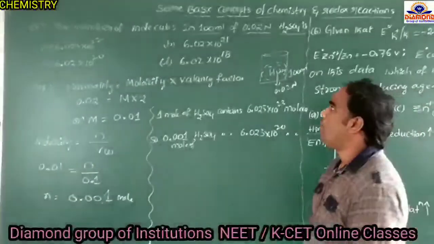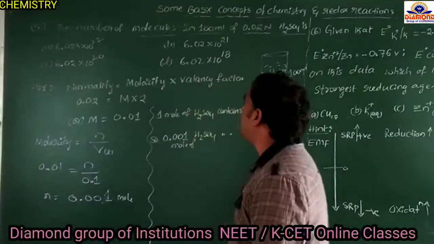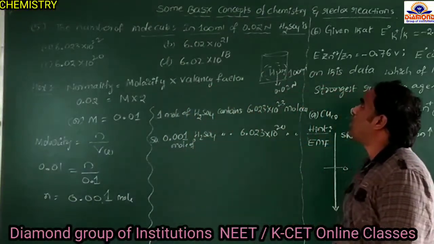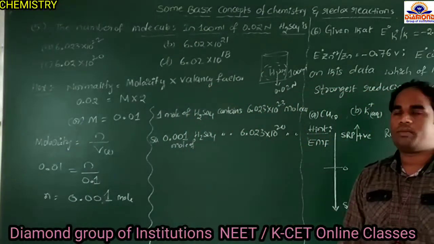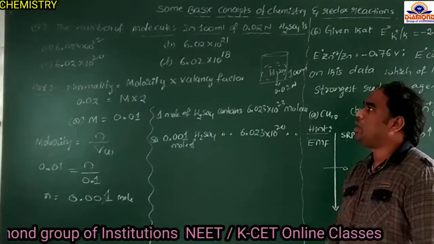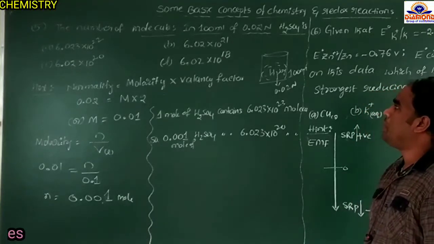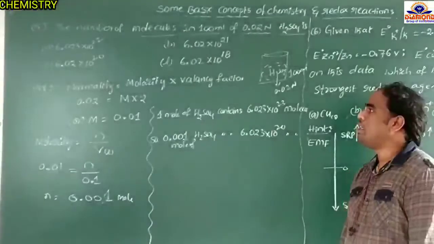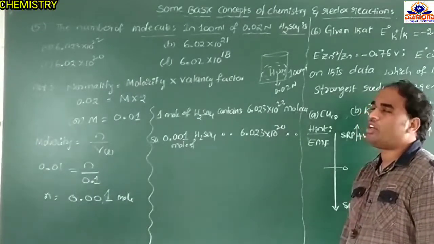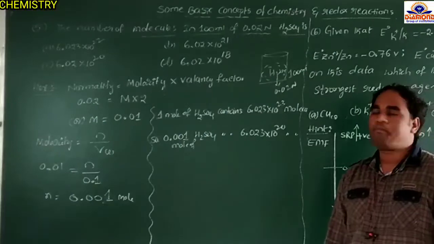How many molecules are present in 100 ml of 0.02 normality H2SO4? Option A, 6.023 into 10 to the power of 22; B, 6.02 into 10 to the power of 21; C, 6.02 into 10 to the power of 20; D, 6.02 into 10 to the power of 18.